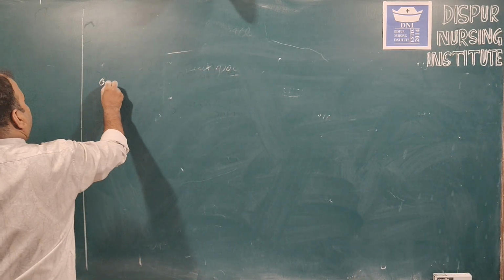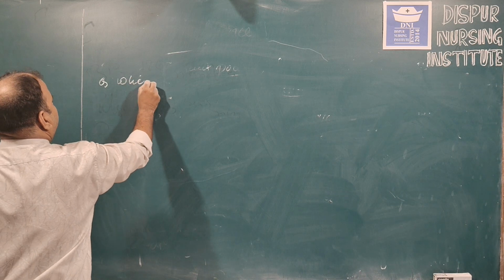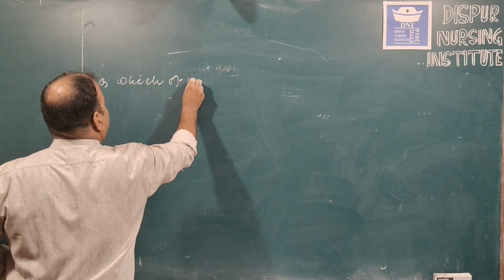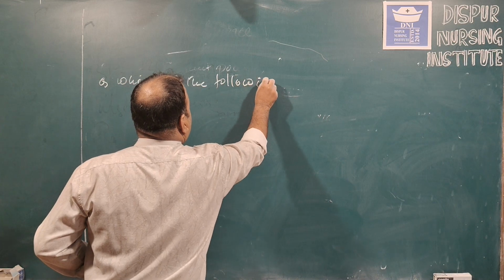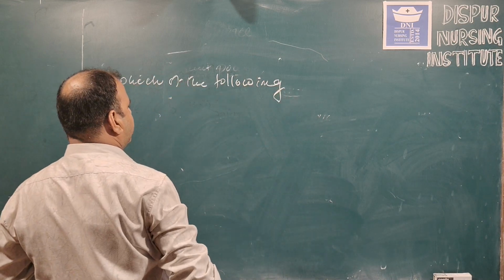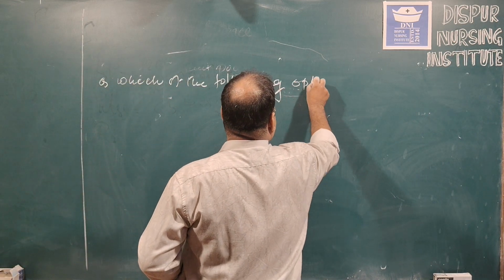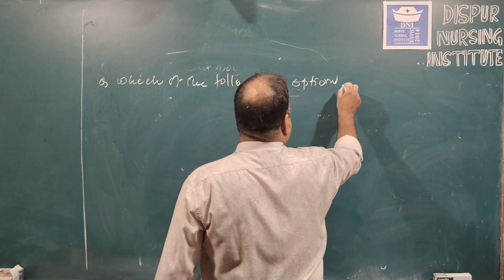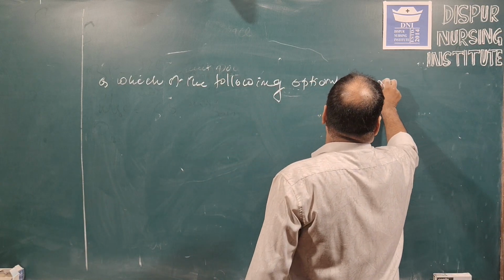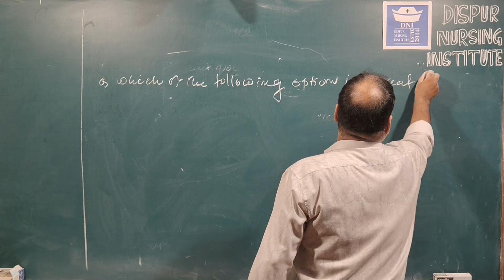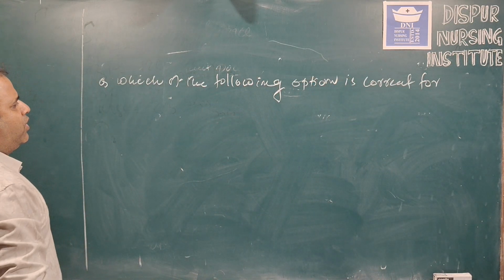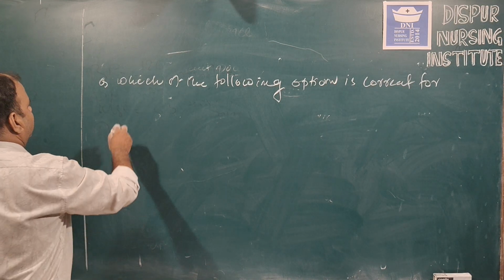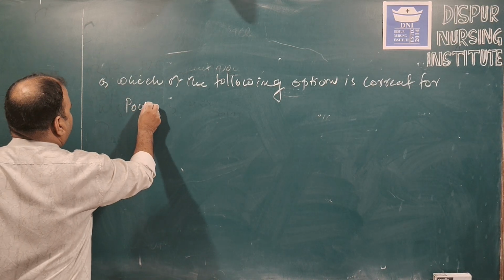Now next question: which of the following options is correct for power and velocity?